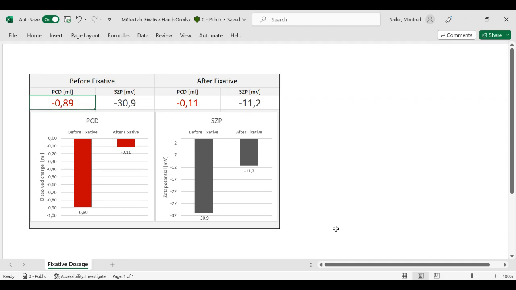Now I must say that what looked like a super successful elimination of anionic trash on the PCD side now appears in a way different light when we include fiber charge measurement, because now it is revealed that we have strongly overdosed fixative, and that we got a lot of cationic fixative on the fibers, which made the fiber charge change from minus 31 millivolt down to even minus 11 millivolt.